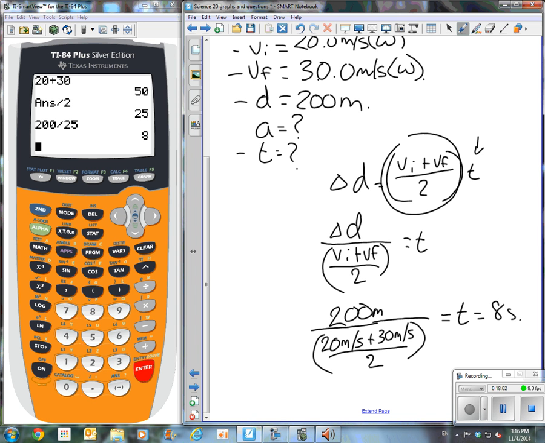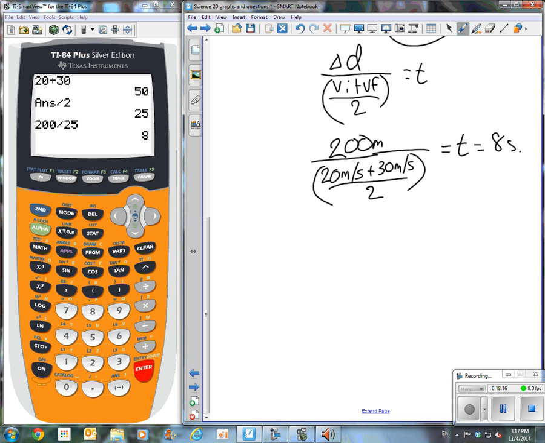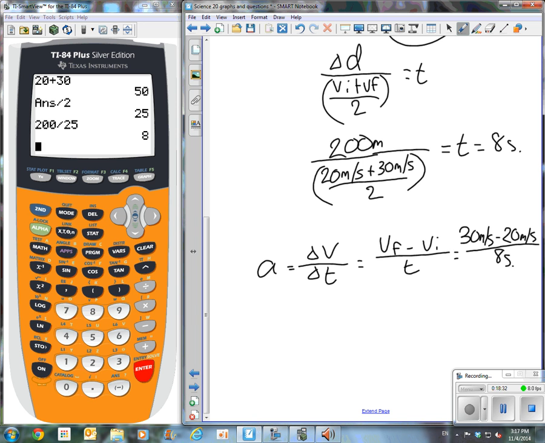Okay, so now I'm going to be looking for an equation that contains as many known values as possible where I'm solving for acceleration. I'm just going to use my simple acceleration equals a change in velocity over a change in time. So this means VF minus VI all over t. So I've got 30 meters per second minus 20 meters per second all over 8 seconds.